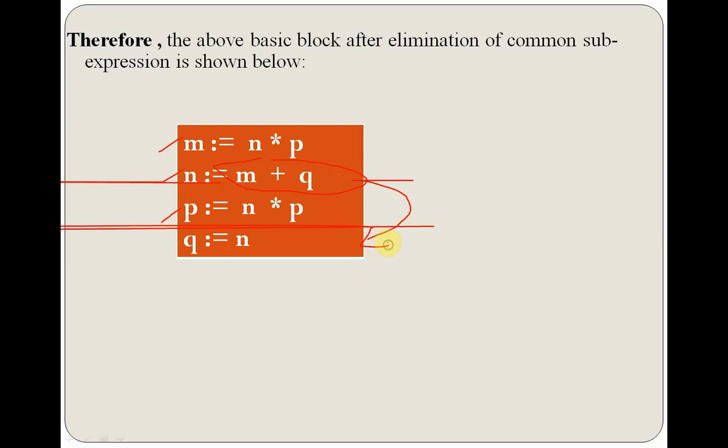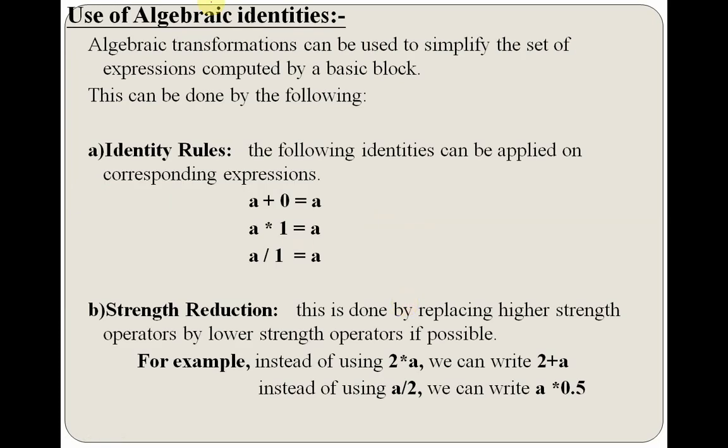So we have eliminated the common sub-expression, that is, the second m plus q calculation. This is called common sub-expression elimination. Like this, to apply structure preserving transformations, first we construct the directed acyclic graph and accordingly find the transformations and apply them so that the code will be minimized.